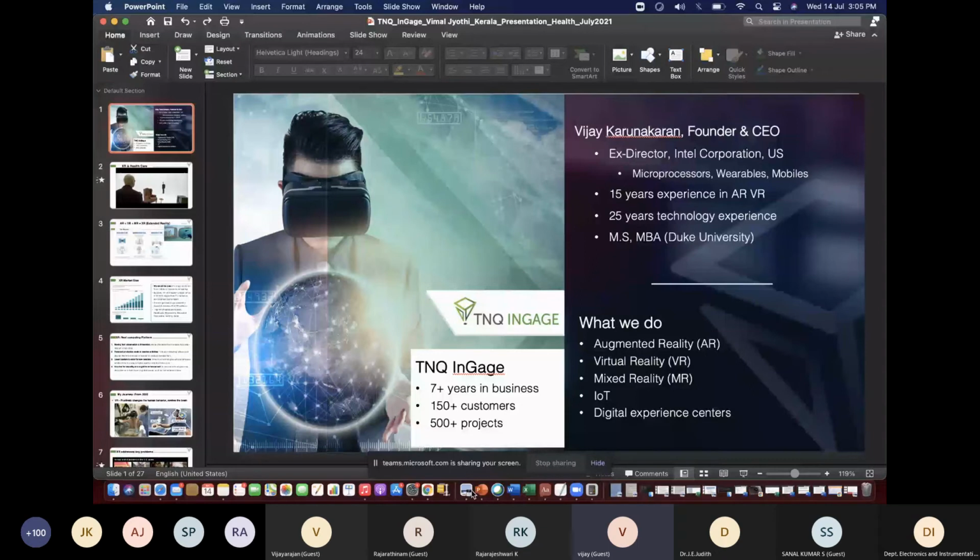Immersive technology, which is part of digital technology, is a lot more relevant now compared to 3-4 years ago. These 2-3 years of pandemic have taught people to use AR and VR not as a nice-to-have, but as a necessity. So it's a very exciting time, and a lot more new innovation will happen in the coming years.